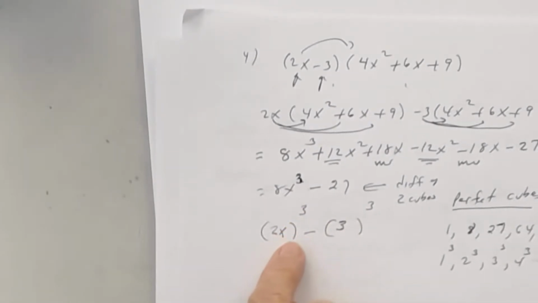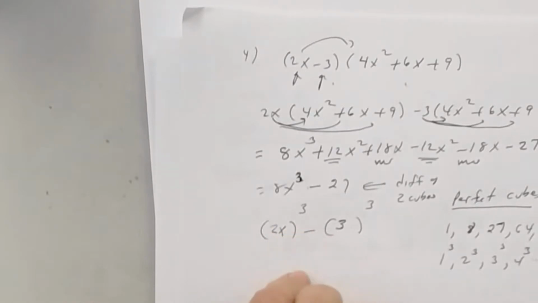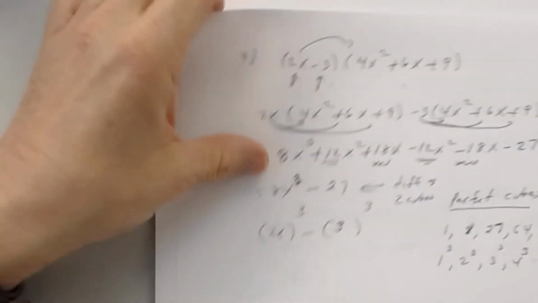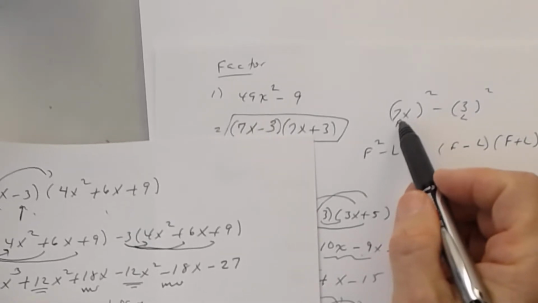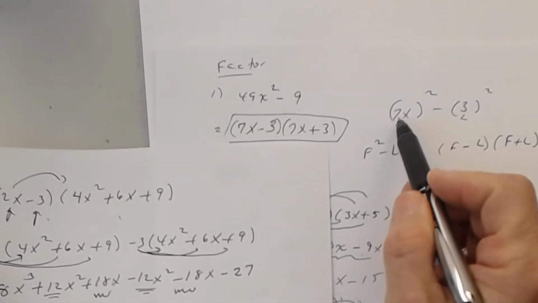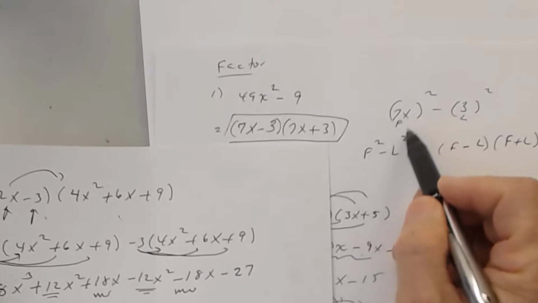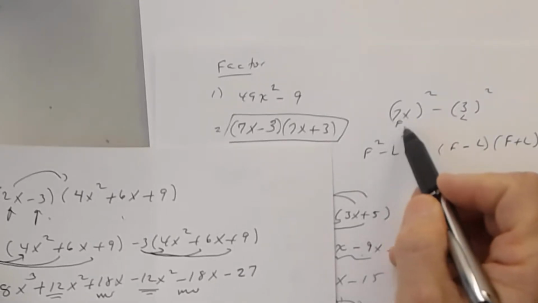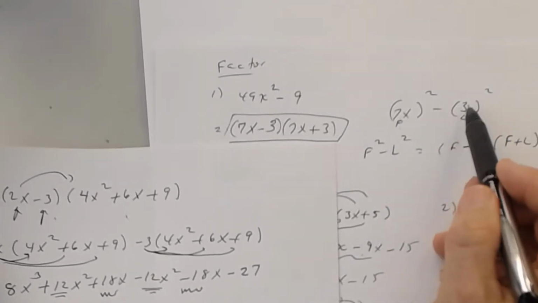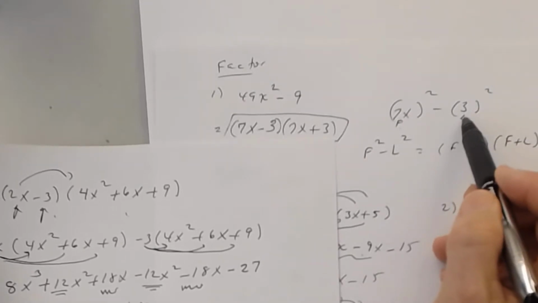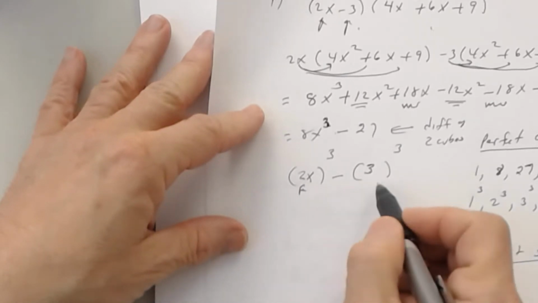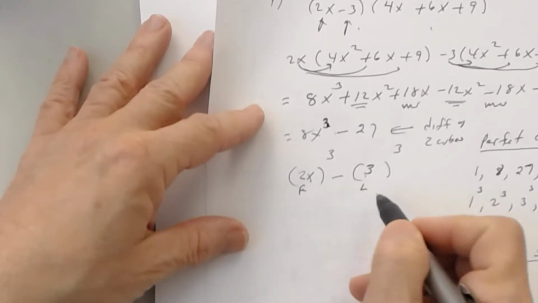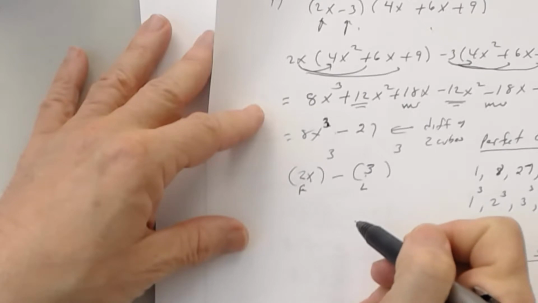Now, I want you to also think of it this way. A while ago, remember how we said when we looked at the difference of 2 squares that 7x, I was going to think of this as my first term, F, and then 3, I was going to think of this as my last term. Same thing here. 2x, I'm going to think of this as my first term, and then 3 will be my last term. Okay?